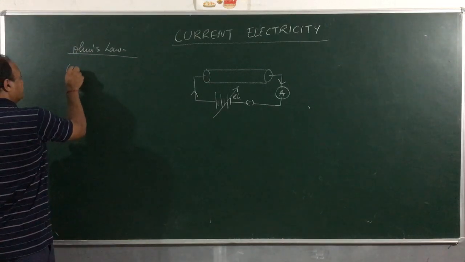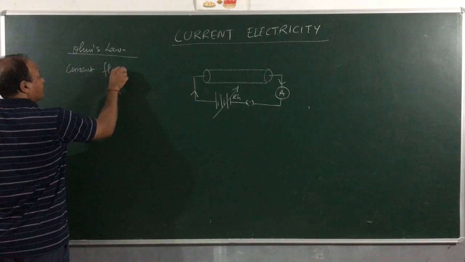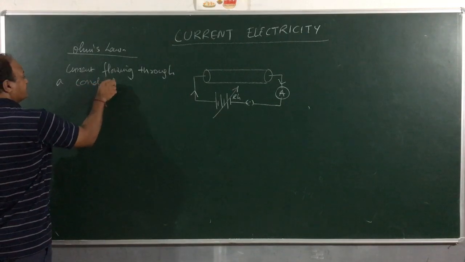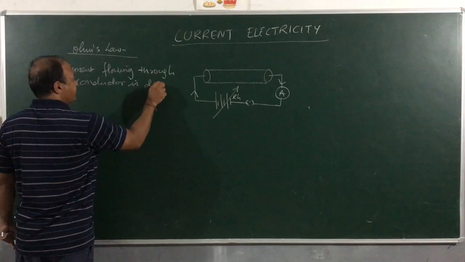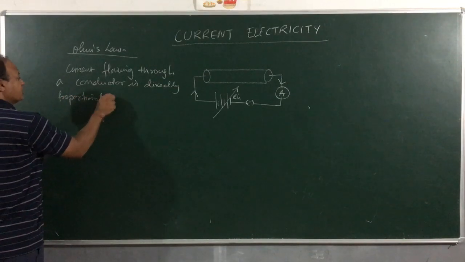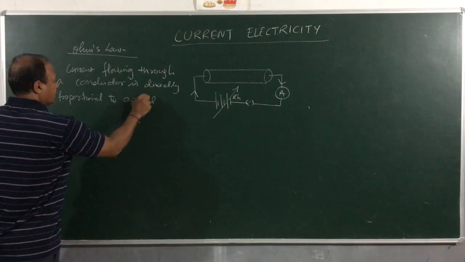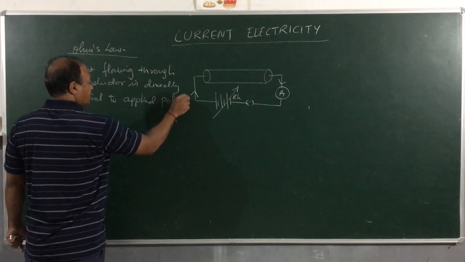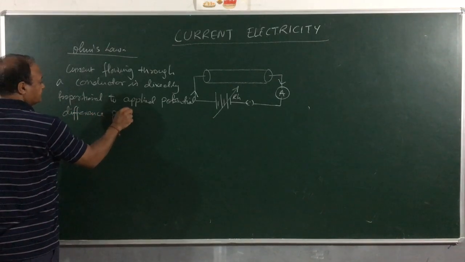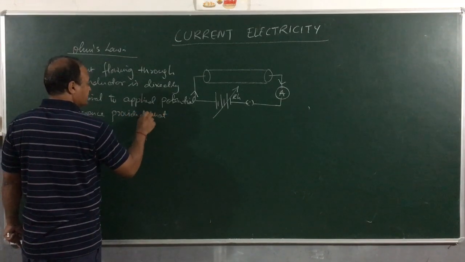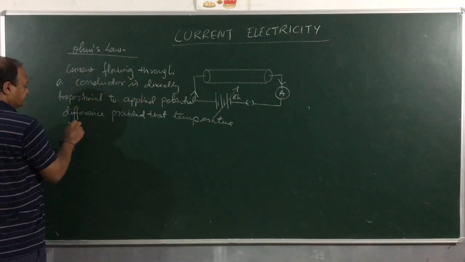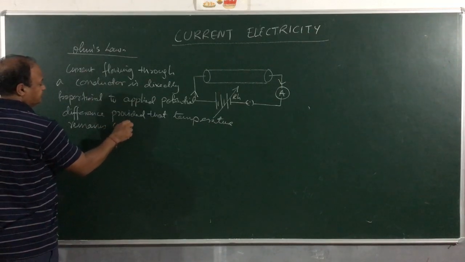So we will say: current flowing through a conductor is directly proportional to the applied potential difference, provided that temperature remains constant.